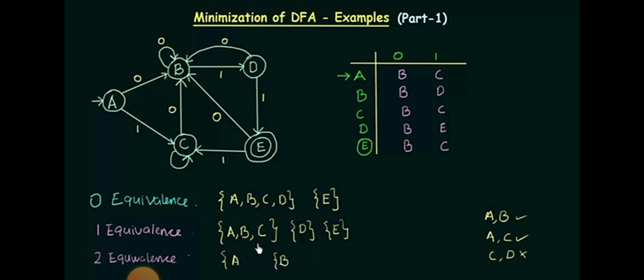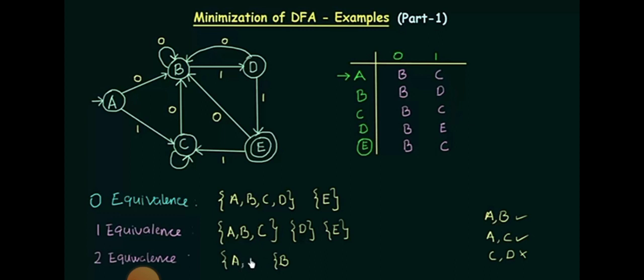So let's check A and C. A and C, when getting the input of 0, go to B, so there is no problem. A and C, when getting the input of 1, go to C, so the result is they are in the same set, and there's also no problem.